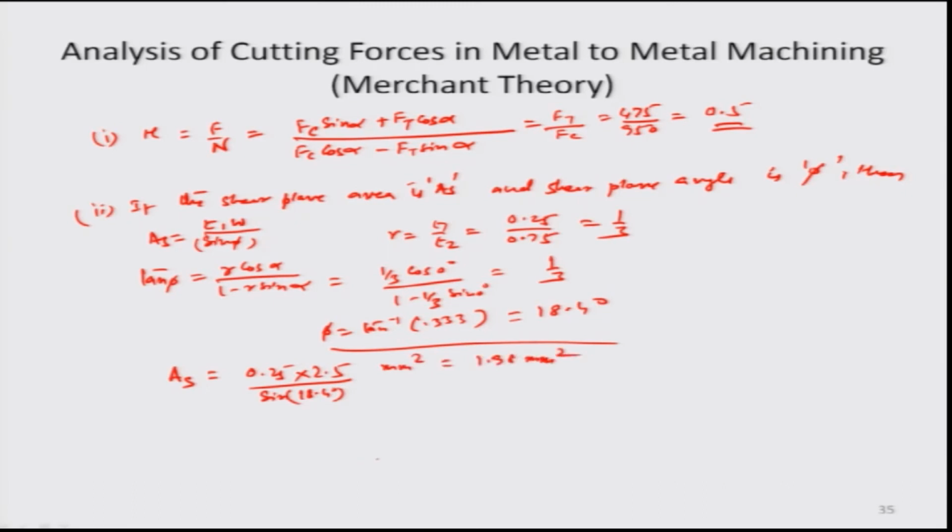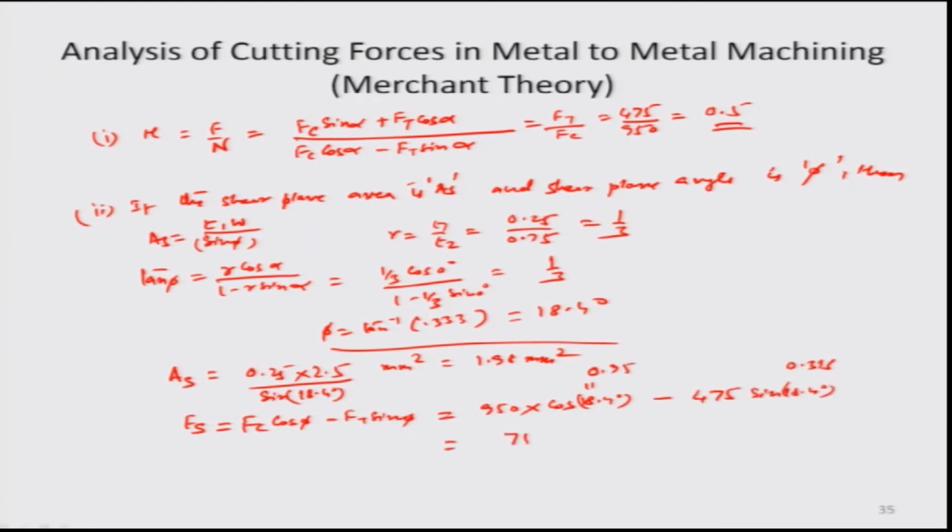And if I wanted to look at the value of Fs, Fs can again be recorded as a combination of the cutting force Fc and the tangential force Ft as Fc cos phi minus Ft sin phi. Look at the equations that have been illustrated earlier. In this case, this would be 950 times cos of 18.4 degrees, which comes out to be about 0.95, minus 475 times sine of 18.4 degrees, which comes out to be 0.316.